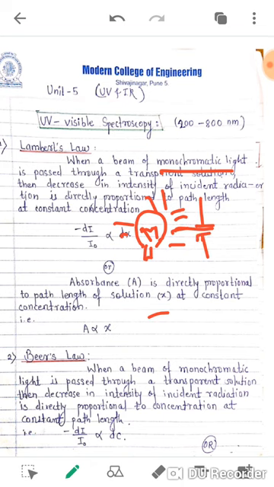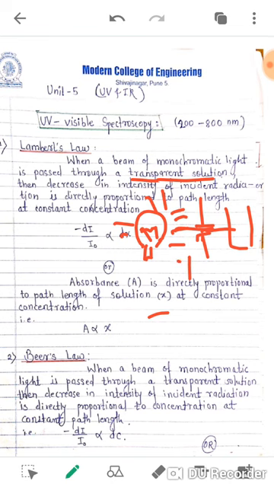Then that single wavelength light passes through a transparent solution, here we are using a transparent solution. If we use the transparent solution, then there is a decrease in intensity of incident radiation.